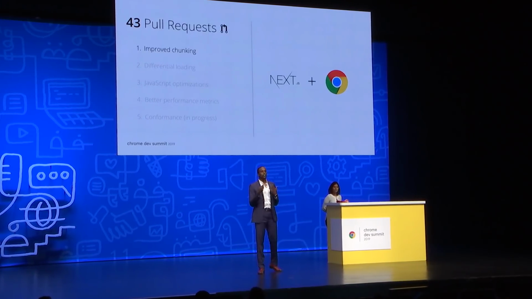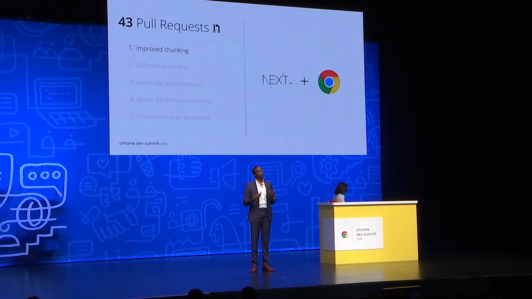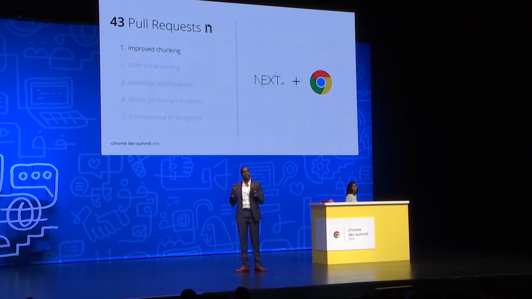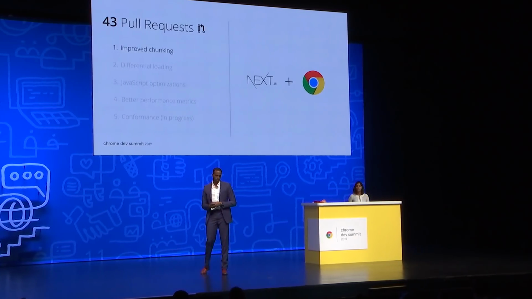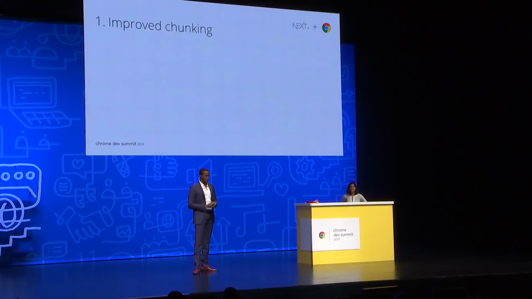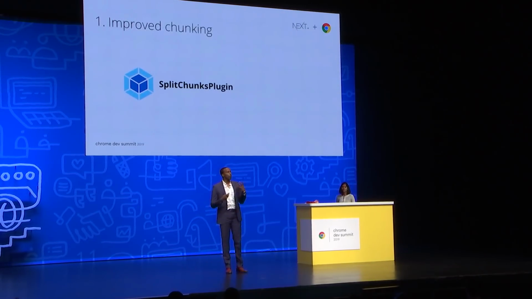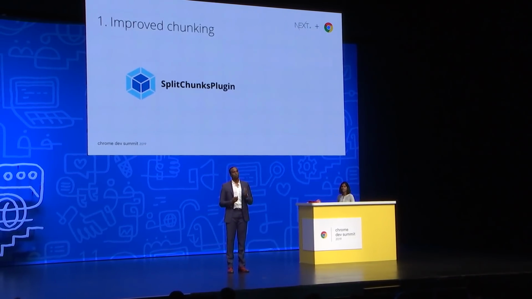To begin, let's start talking about what we've been doing to improve how chunks get generated in every Next.js application. We began by leveraging Webpack's split chunks plugin to modify how a Next.js app gets chunked and outputted to the browser. We did this by making sure a separate chunk is outputted for every third-party dependency of a certain size.